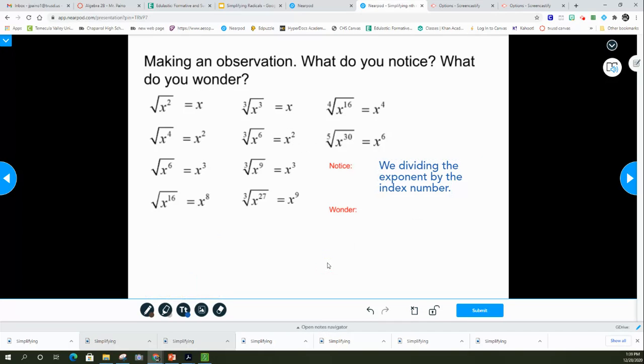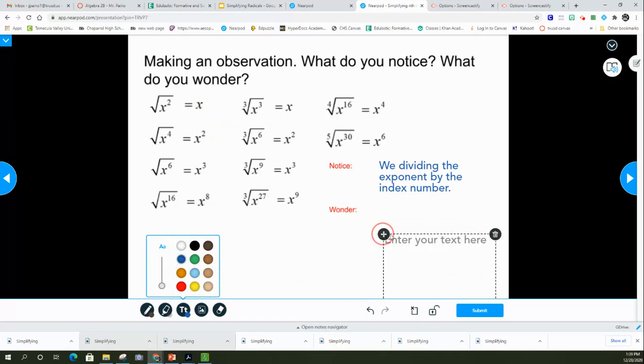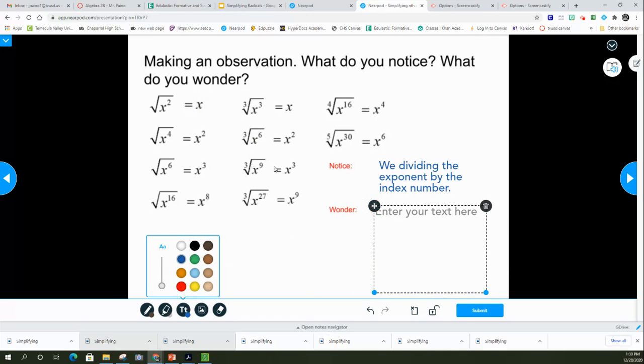But what's different here is all these happen to be perfect factors. There was no remainders, right? So I'm wondering, what if there's a remainder? What's going to happen to that remainder?